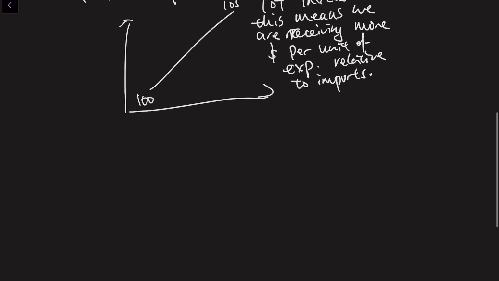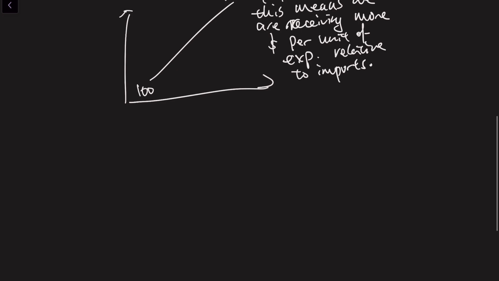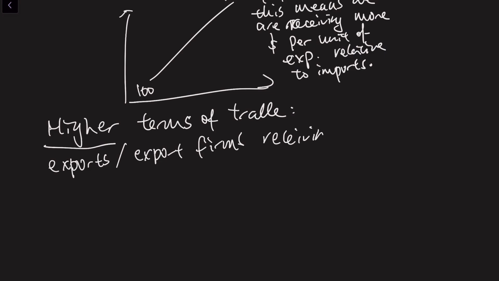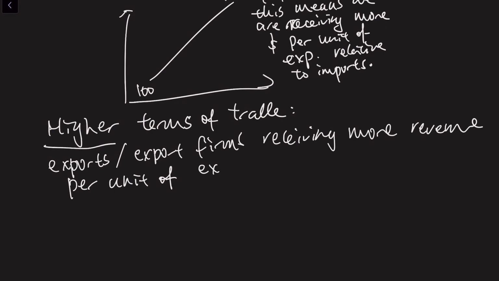So what happens when we have a high terms of trade or higher terms of trade? So this indicates exports or export firms receiving more revenue per unit of export.